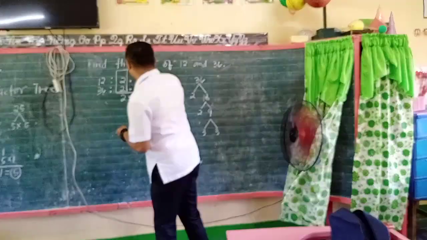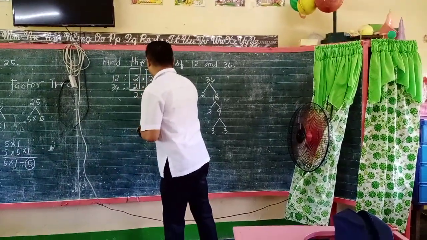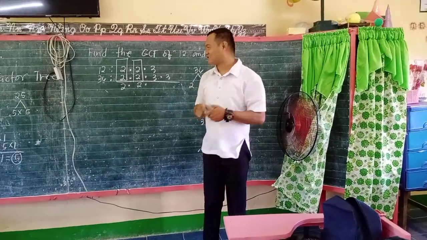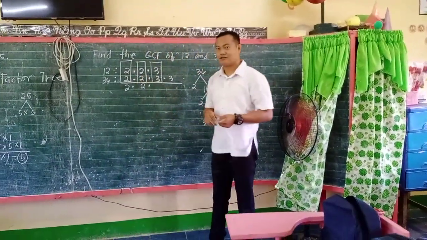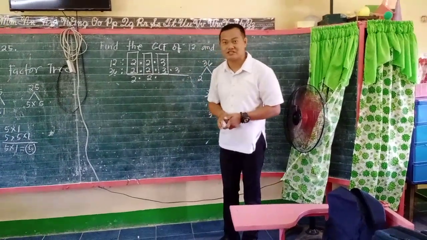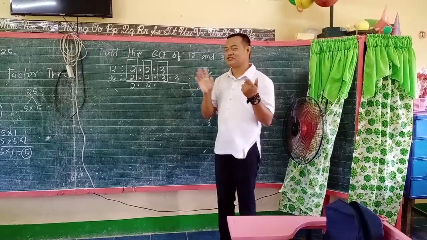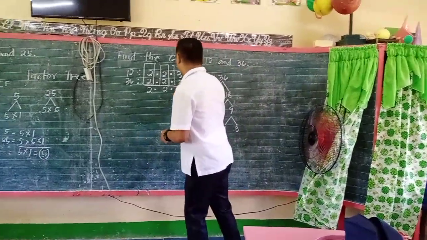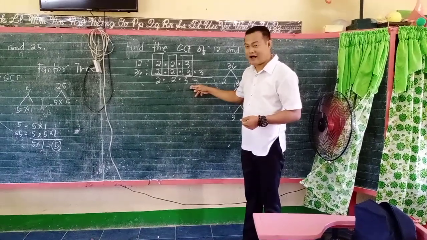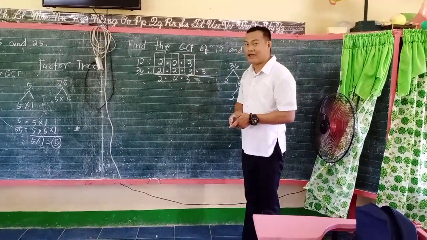We have another 2 times. Do we have more? Yes, we have also 3. Any other common factors on 12 and 36? Exactly, there is no more. So now this time, we find the product of the common factors on both 12 and 36.